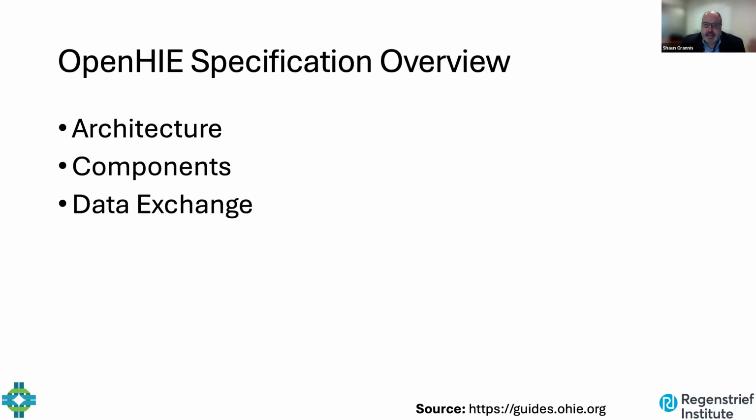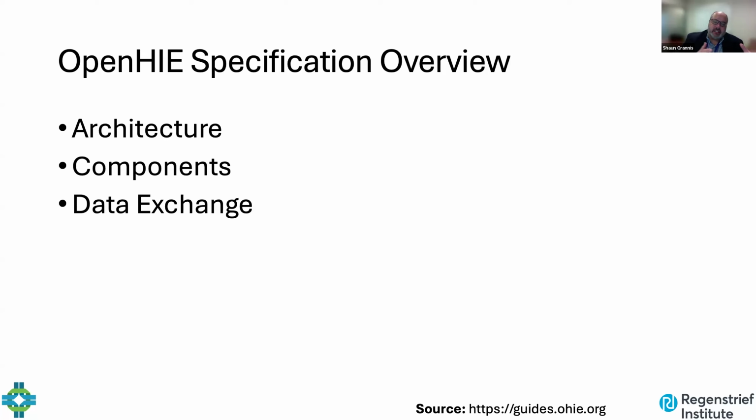Our specification within OpenHIE is divided into 3 sections. We have an architecture section that talks about the overall architecture, so you can get a sense of the context of how different pieces interact with one another. We have a component specification section, which describes the functionality of each of the various components, including the client registry within OpenHIE.